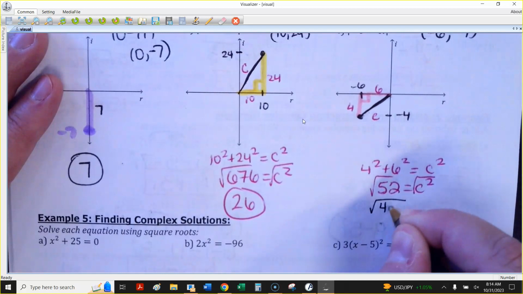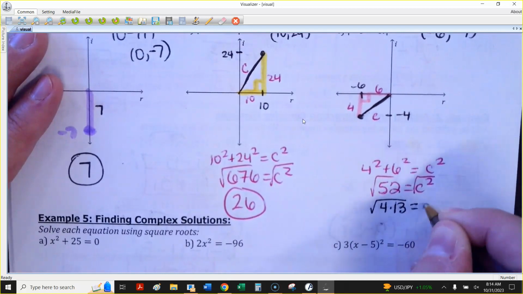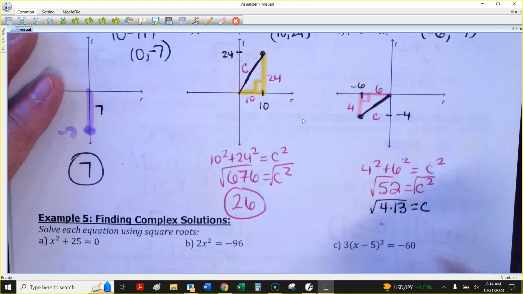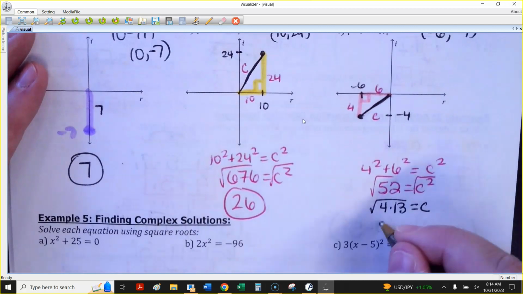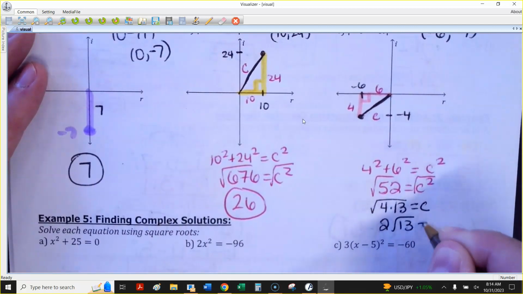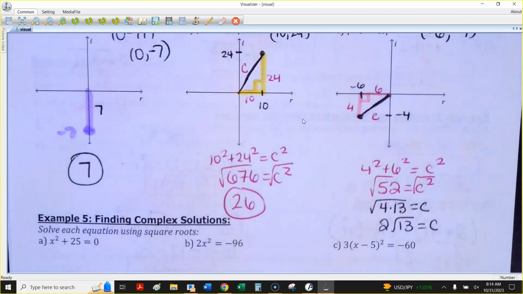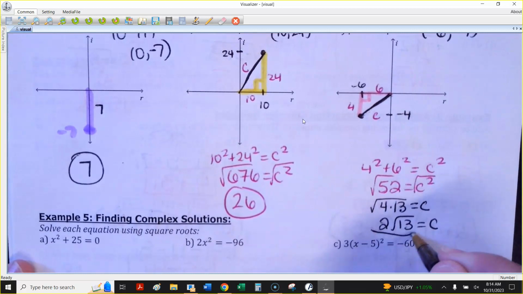This is 4 times 13, and the square root of 4, I could pull a 2 out in front. If you want to use a factor tree instead of trying to find the biggest perfect square, you could do that too. But the biggest perfect square that's going to go into 52 is just 4. So I could simplify that a little bit. So 2 root 13, that's going to be my absolute value.